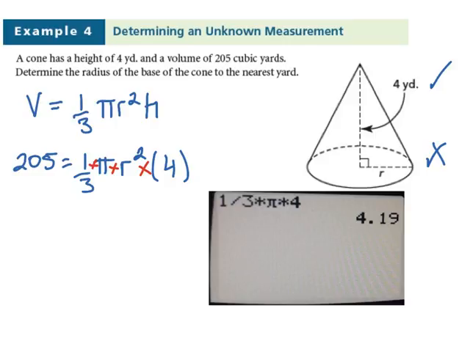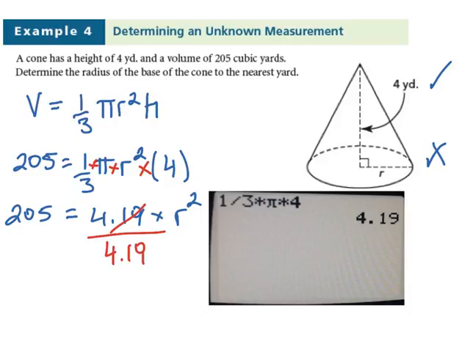Since we have multiplication on the right-hand side, 4.19 times r squared, we divide both sides of the equation by 4.19 to cancel the 4.19. And since we do it on the right side of the equation, we have to also do it on the left side of the equation. So on the right-hand side, we get r squared alone.